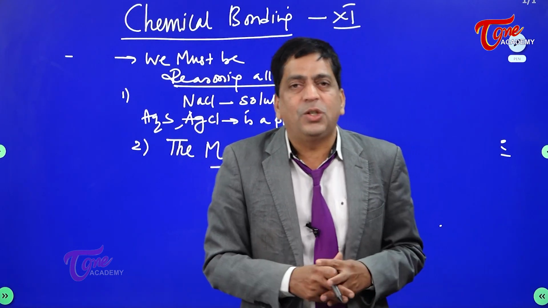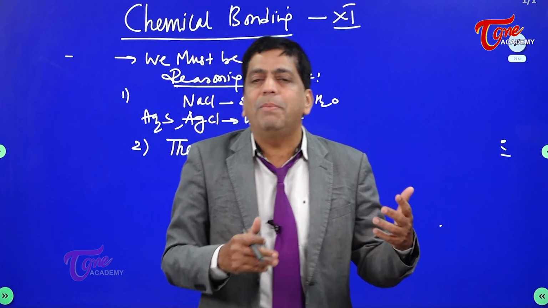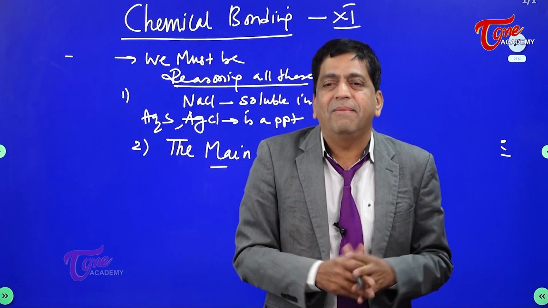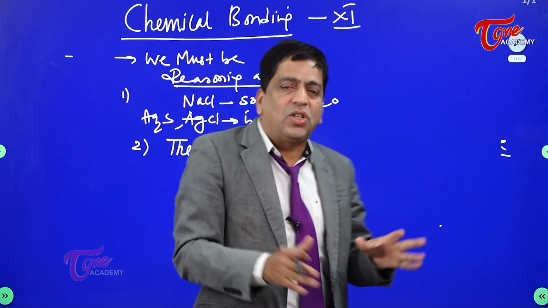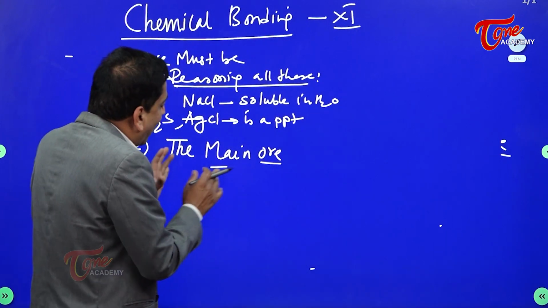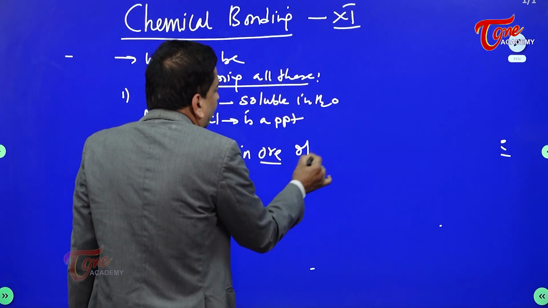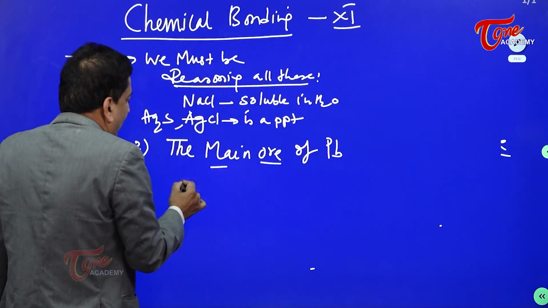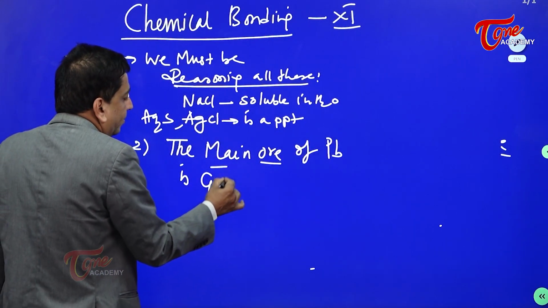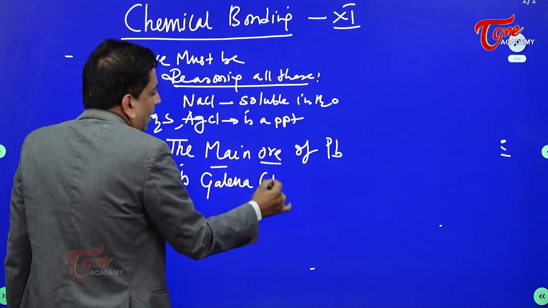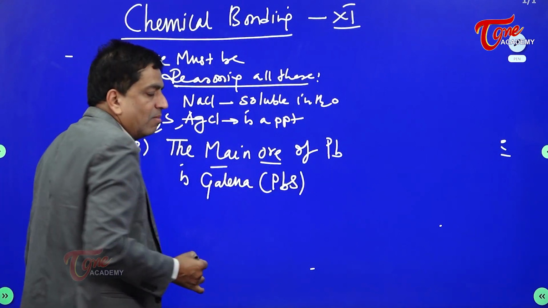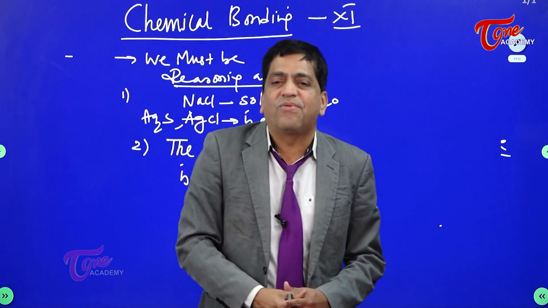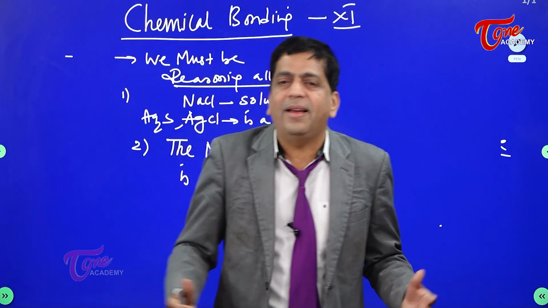So the main ore of lead is galena, that's PbS.